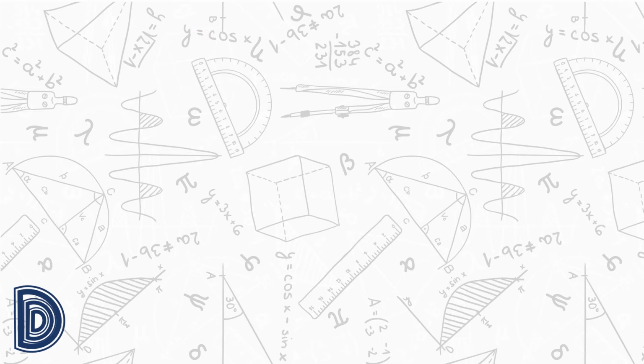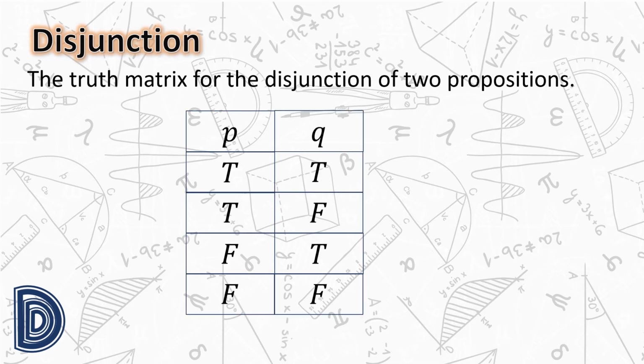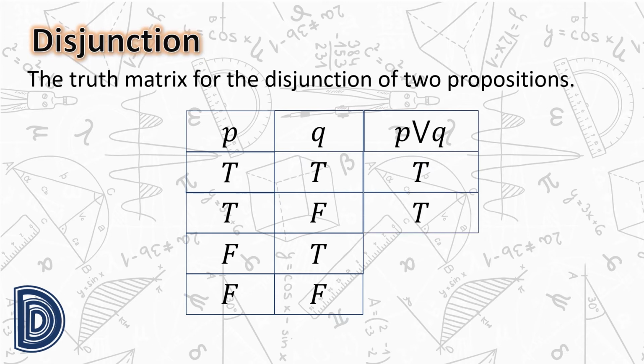Let us have the truth matrix for the disjunction of the propositions. So we start with the possible combinations of the truth values for P and Q. Then the disjunction P or Q will be true when both P and Q are true. True also when P is true, Q is false.